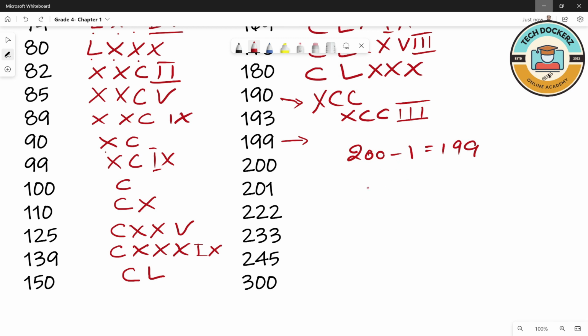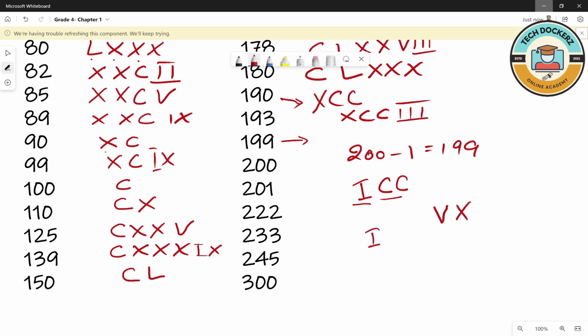As we learned in the subtraction method, the smaller value will come first and then the bigger value will come, CC, which is 200. According to the fifth rule of Roman numbers, I cannot be subtracted from CC or any other letter except V and X. So I can be subtracted from V or from X only.